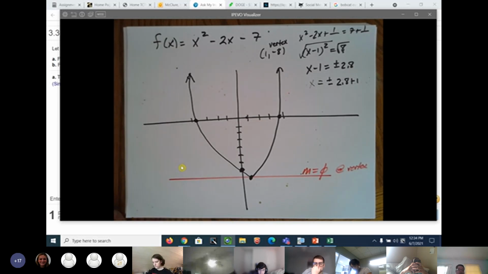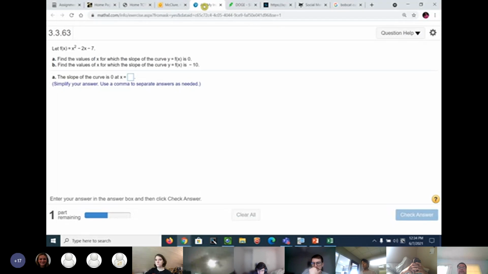All right, let's see what the next question says. Find the values of x for which the slope of the curve is equal to negative 10. So we set the slope, f prime of x, which is 2x minus 2. So what are we going to set this equal to?